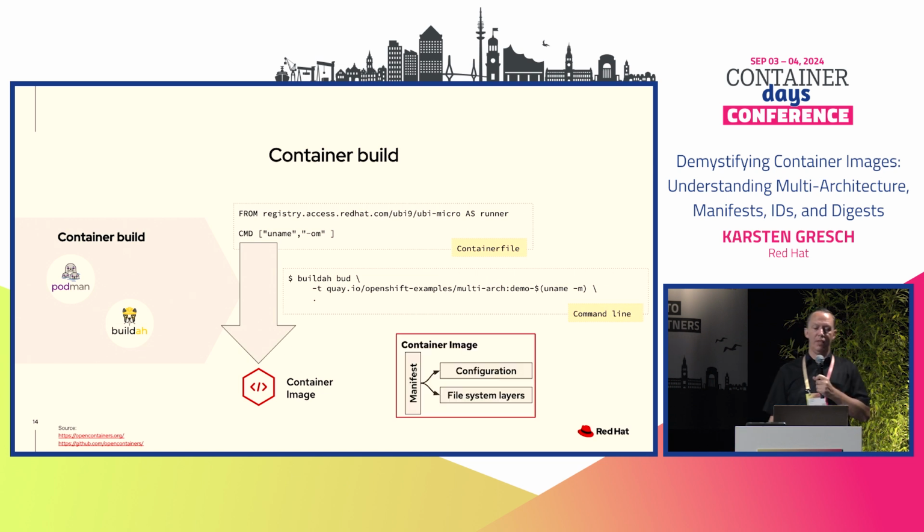So what's in there? Basically, we have something like a manifest file, and we will have a much deeper look into it. The manifest file references a configuration and various file system layers, where basically all the stuff you need to run your application is in various formats. You will all know this unified overlay FS stuff, I guess.